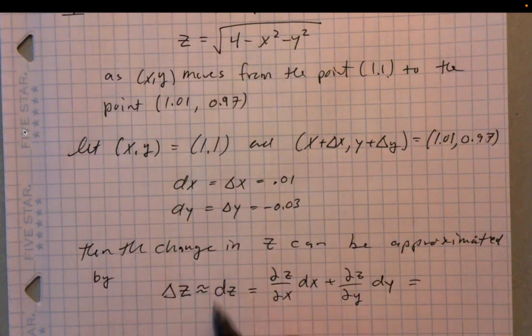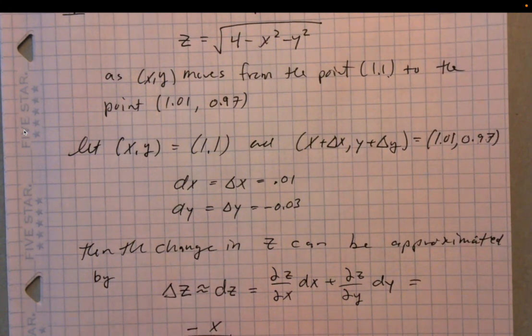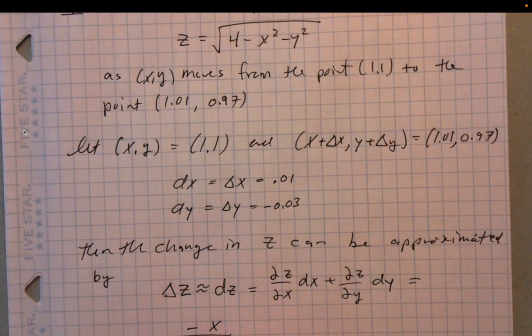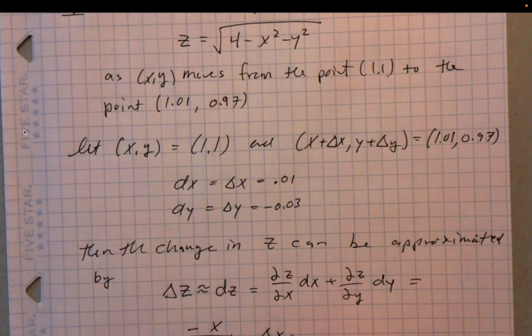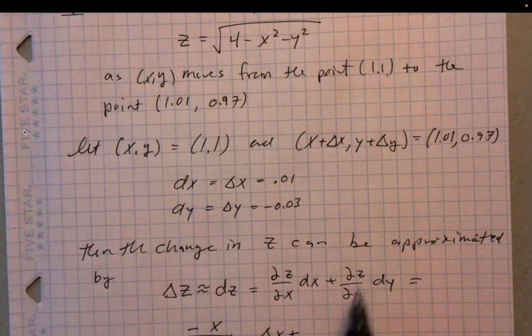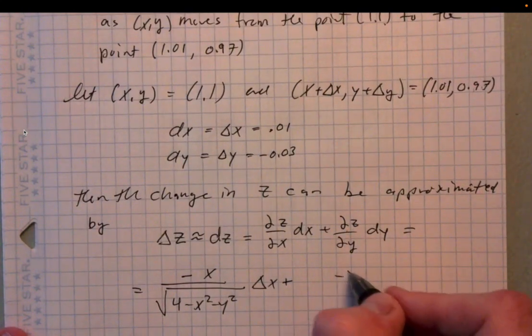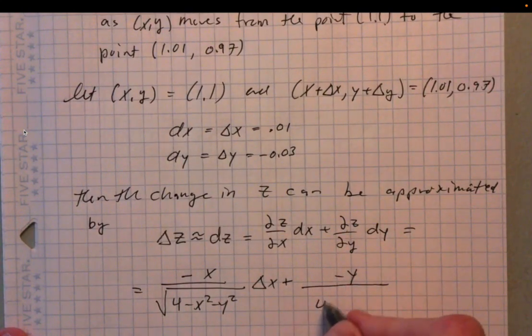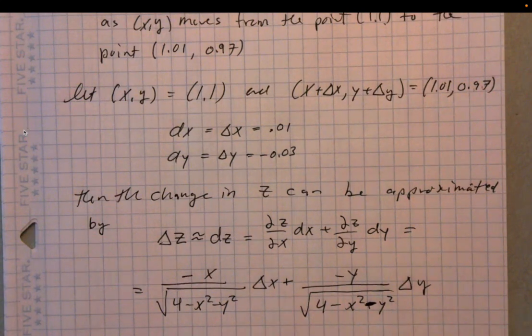So you end up with negative x divided by the square root of 4 minus x squared minus y squared, times delta x, plus the same thing for the partial derivative with respect to y: negative y over the square root of 4 minus x squared minus y squared, times delta y.